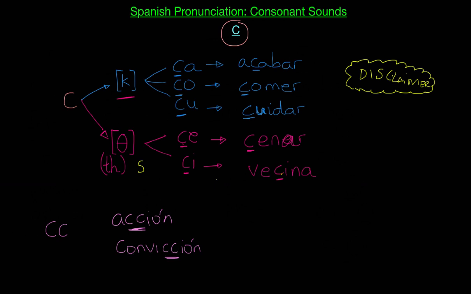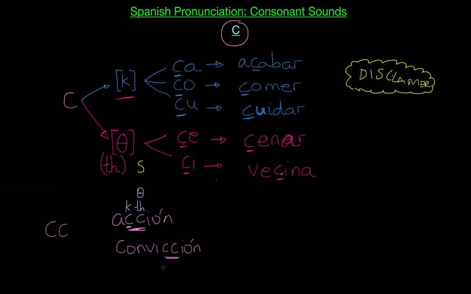When we come across two Cs together, the first one will sound like a K, and the second one will sound like a TH, like the British TH. So this word in Spanish is acción.